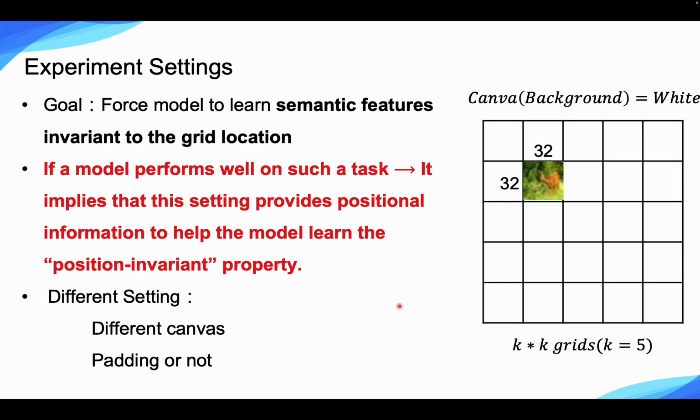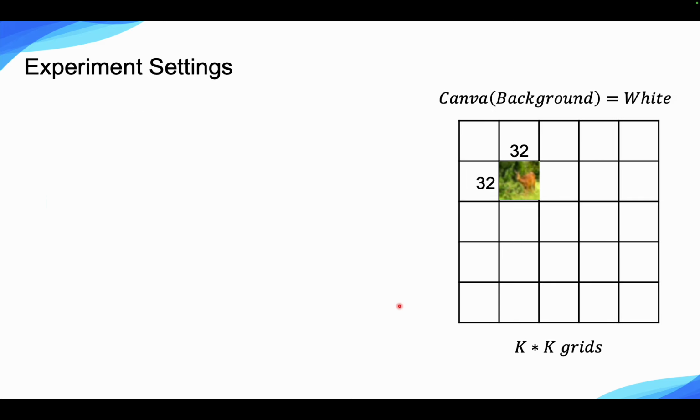And there are some different settings. They investigate the setting of different canvas and the case with or without padding. And here are some details of the experiment. They use the CIFAR 10 dataset and use the VGG11 model.